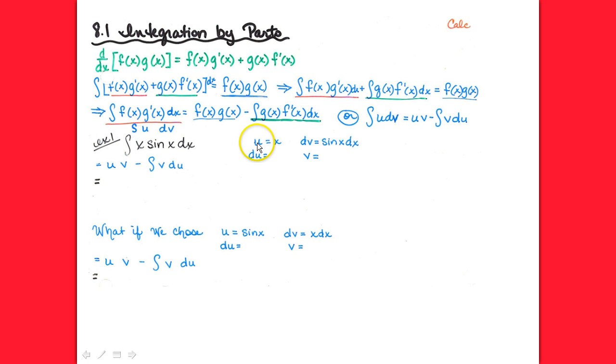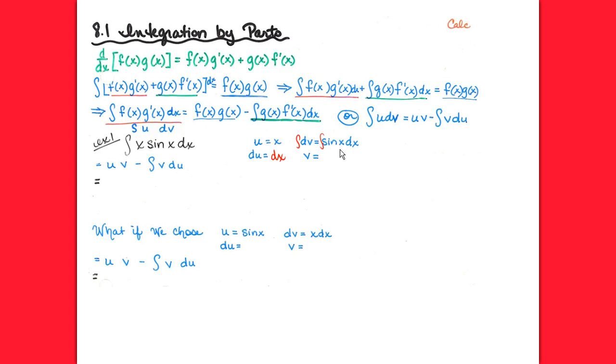Since I know u, I can find the derivative of u. The derivative of x would just be 1, and so the differential du would be 1 dx. Since I know dv, that's the derivative of v, to go back to just plain v, I need to integrate. So let's integrate our sine x dx.